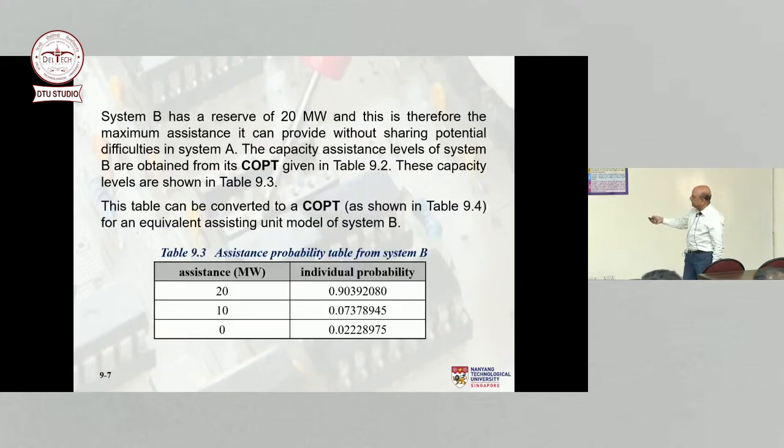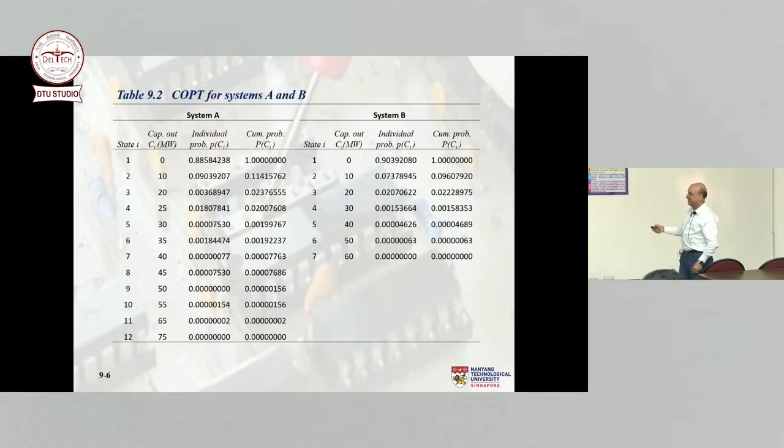So you see here, the assistance probability table from system B: if it can provide me 20 megawatt assistance, what's the probability? 0.9039. So system B, if capacity outage is 0, then the individual probability is 0.9039, right?